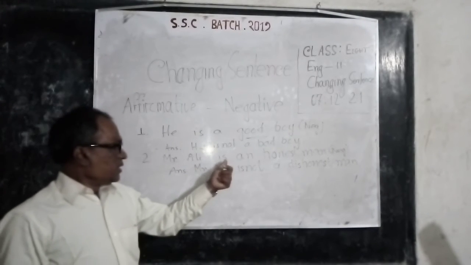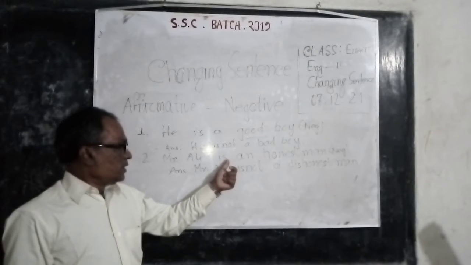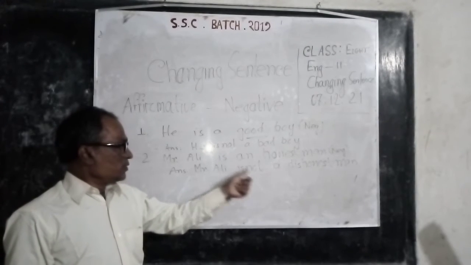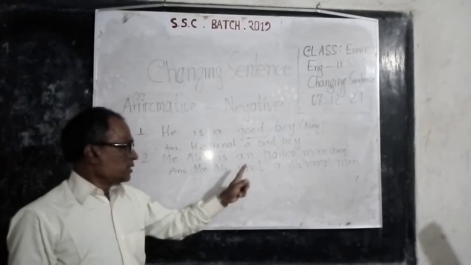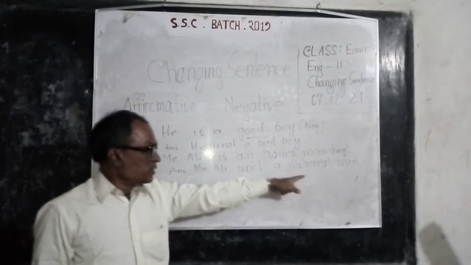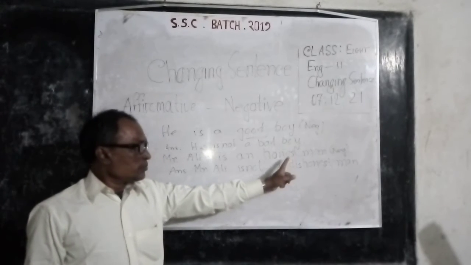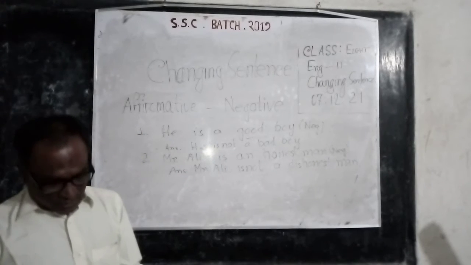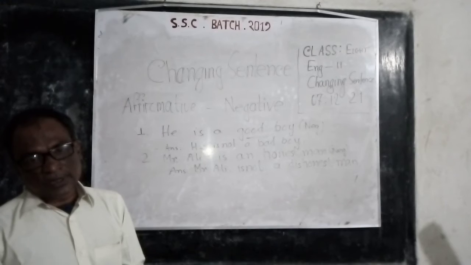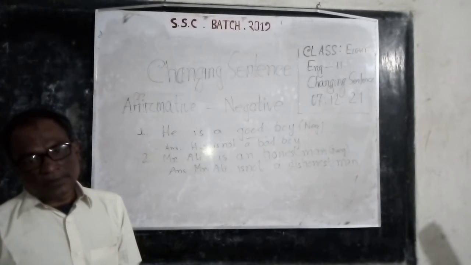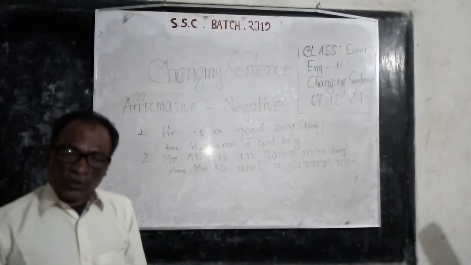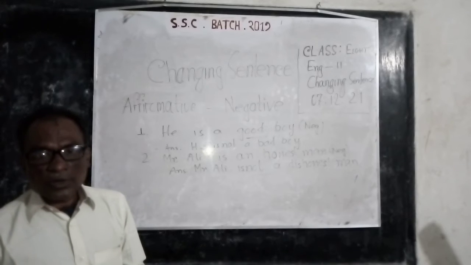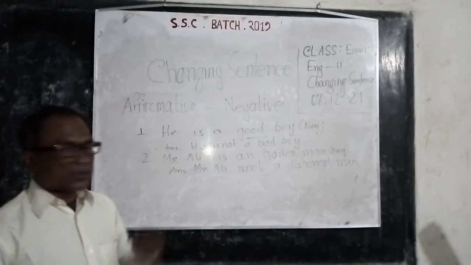We find an auxiliary verb is, so after is we use not, and we use the opposite of honest, dishonest. So if we find any affirmative sentence to make it negative, we use not. Where do we use not? We use not after the auxiliary verb.